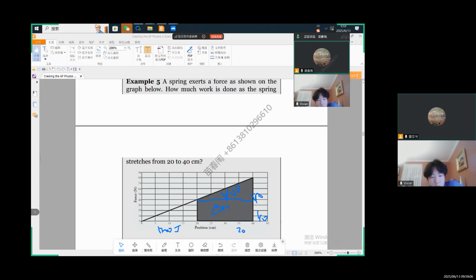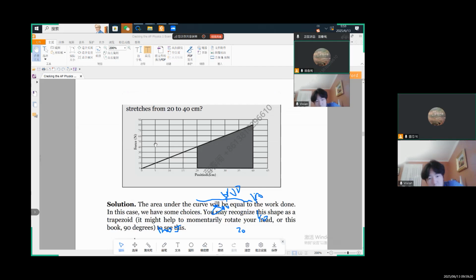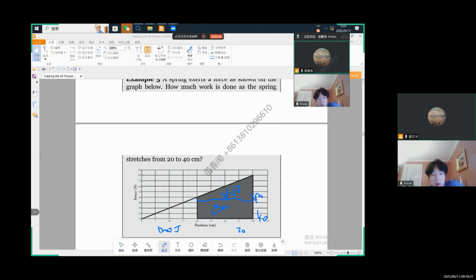So the key is still, for that VT graph, the area between the graph and the x-axis. I will have one question, even for the future. For example, let's just say this area is 100, this area is 50. And if I ask you, what's the displacement in this VT?